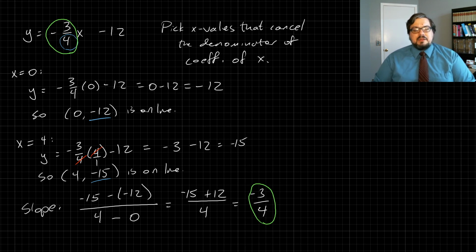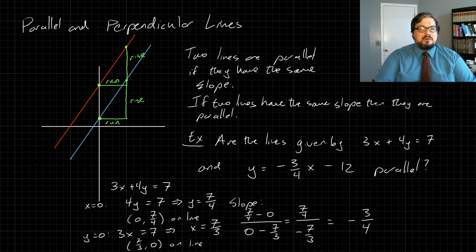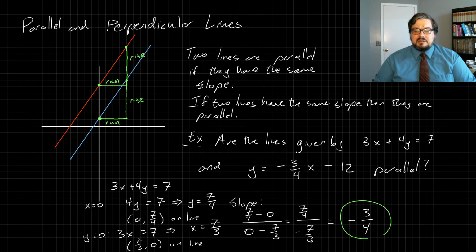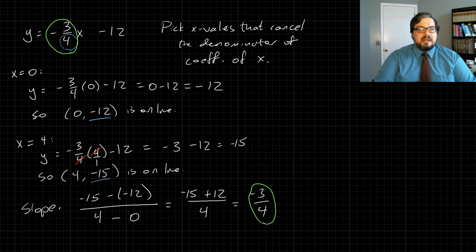But for now, we can compare the slopes that we got for our two lines. The line that we described here has a slope of negative 3/4. The slope of the other line was also negative 3/4. And therefore, that means that the two lines are parallel.